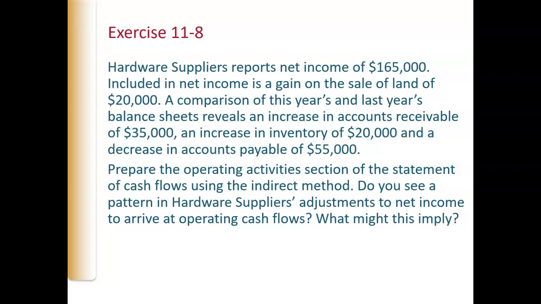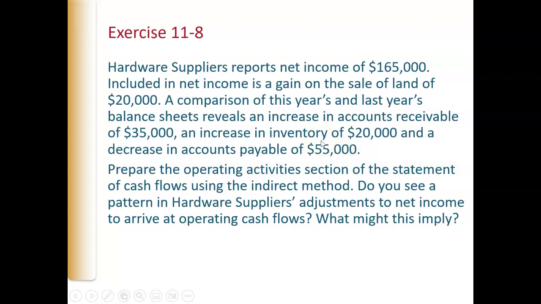Hardware Suppliers reports net income of $165,000. Included in net income is a gain on the sale of land of $20,000. A comparison of this year's and last year's balance sheets reveals an increase in accounts receivable of $35,000, an increase in inventory of $20,000, and a decrease in accounts payable of $55,000.